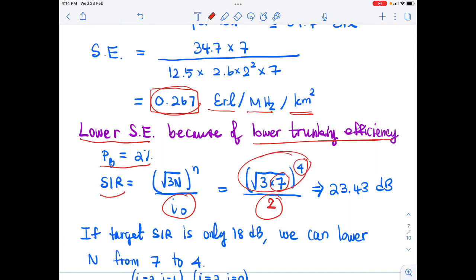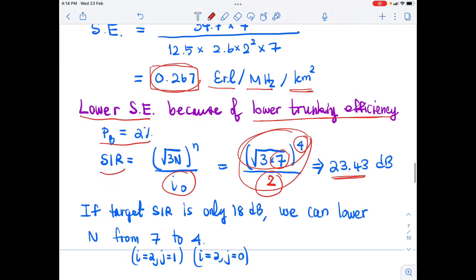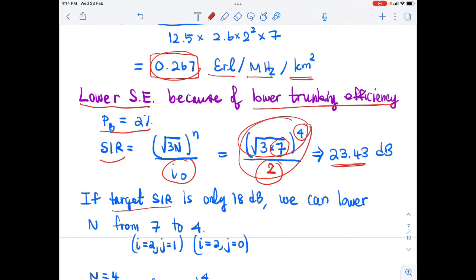Now you compute this and convert it into dB. You see that it's equal to 23.43 dB. Now remember, the target SIR is only 18 dB, but we got 23.43 dB, which means it's a whole lot better than the target SIR, which we don't need.